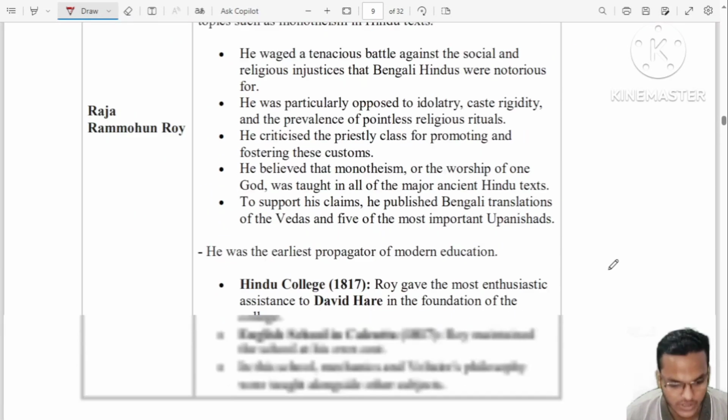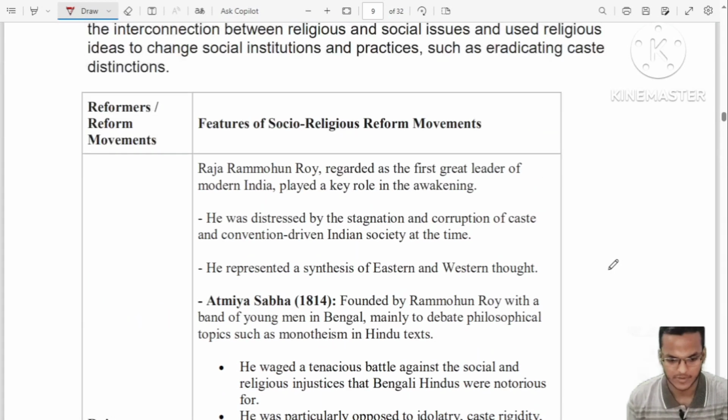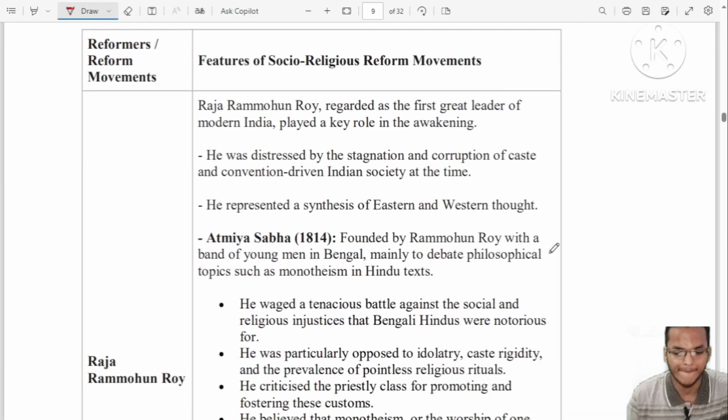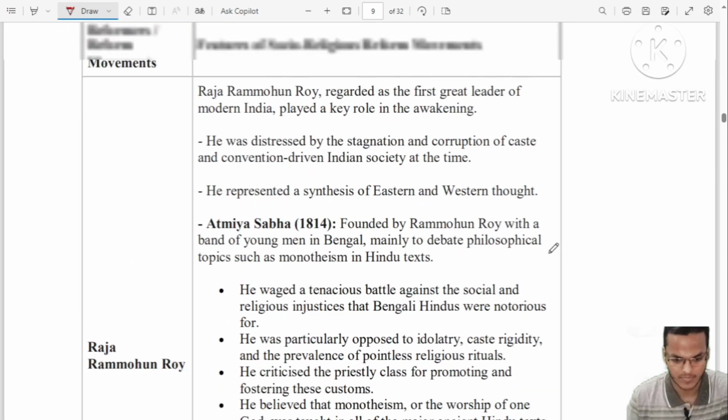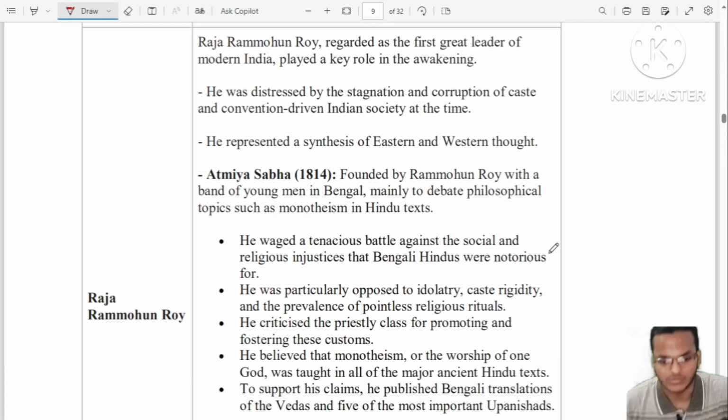Then come the reformers. First is Raja Ram Mohan Roy. Raja Ram Mohan Roy is regarded as the first great reformist and leader of modern India, who played a role in making the society aware.